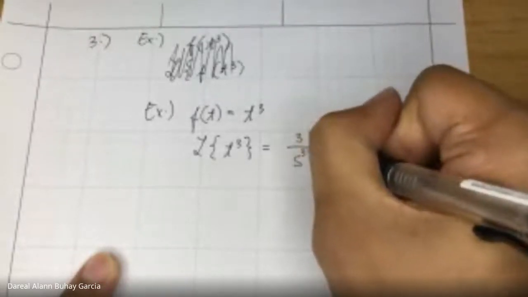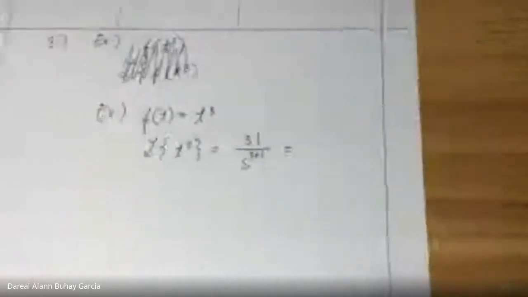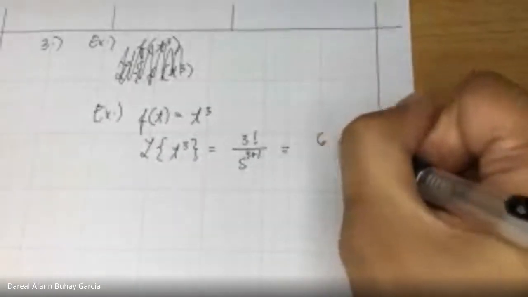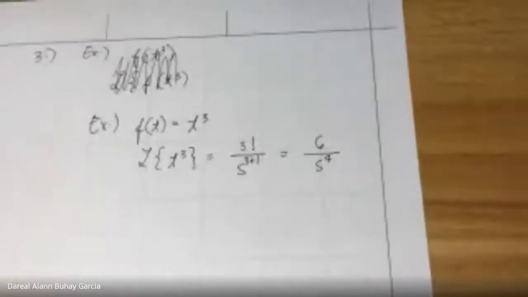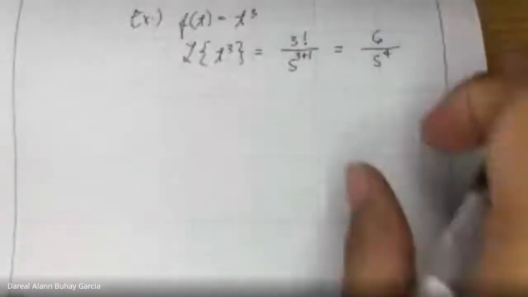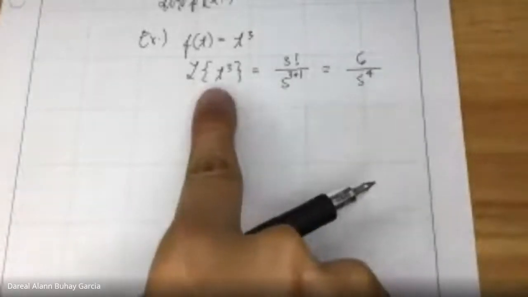So 3 plus 1. Sorry. So 3 factorial is 6 over s to the power of 4. Okay. Follow pa so far? Sa table naman eh. Yes, sir.